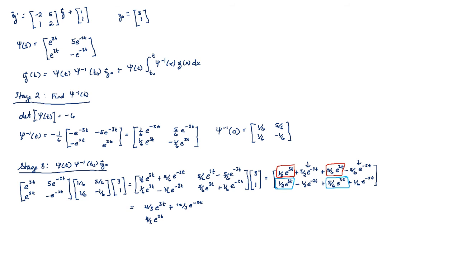And then looking at e to the minus 3t's, right here and right here, we've got 1/6 and minus 1/2. So that's going to give us back minus 2/6, or minus 1/3. E to the negative 3t.